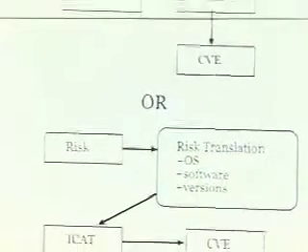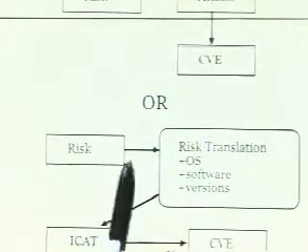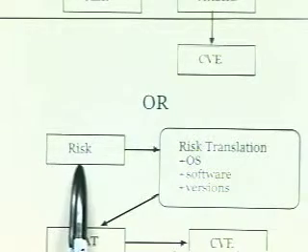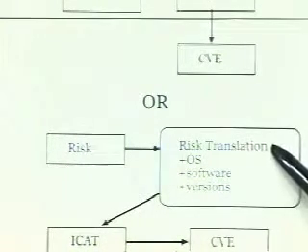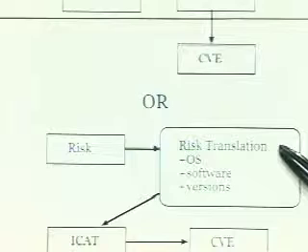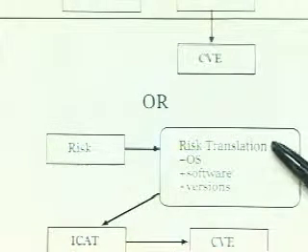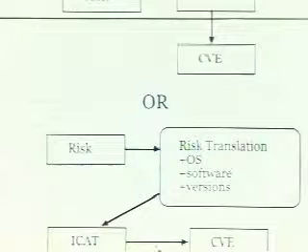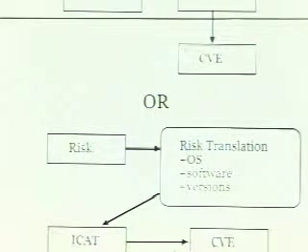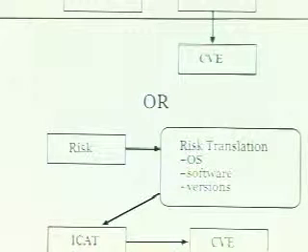The other way is from knowing the risk and doing a little bit of manipulation on the data of the type that I was just talking about, then you can translate that into what ICAT understands. If you can specify the operating system on the host and the software and the version they're using, then you can make a query on ICAT, and ICAT is going to give you all the CVE entries that are relevant to it. Of course, that assumes that the vulnerability is publicly known.